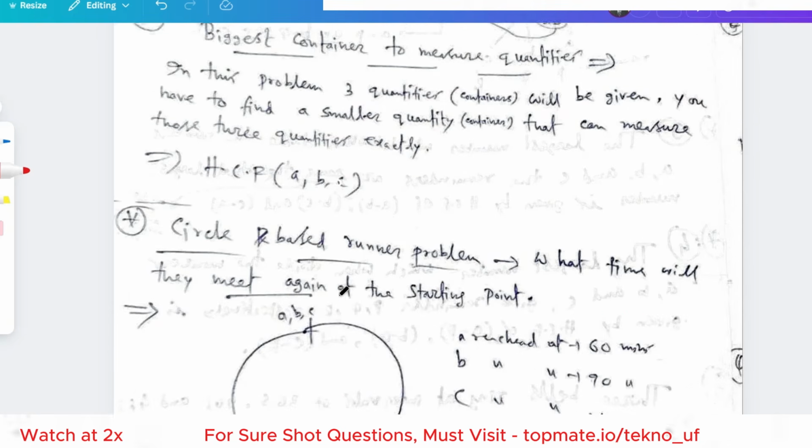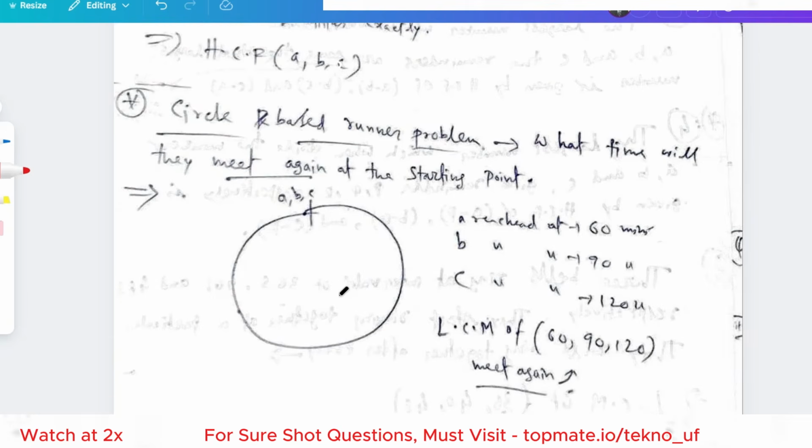Then the next most important is this circle-based runner problem. Let's say from a point, three men started running on a circular path. At what time will they meet again at the starting point? In this type of problem, we can get different types of problems. Just wait, I'm going to share examples.